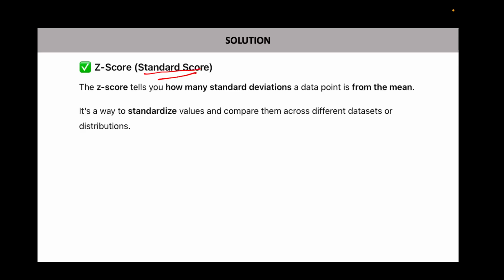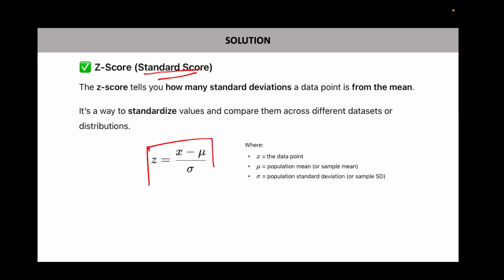So here also, when you calculate this kind of value, it will help you standardize values or compare values when you're talking about different data sets or different kinds of distributions. This is the formula for calculating a z score value.